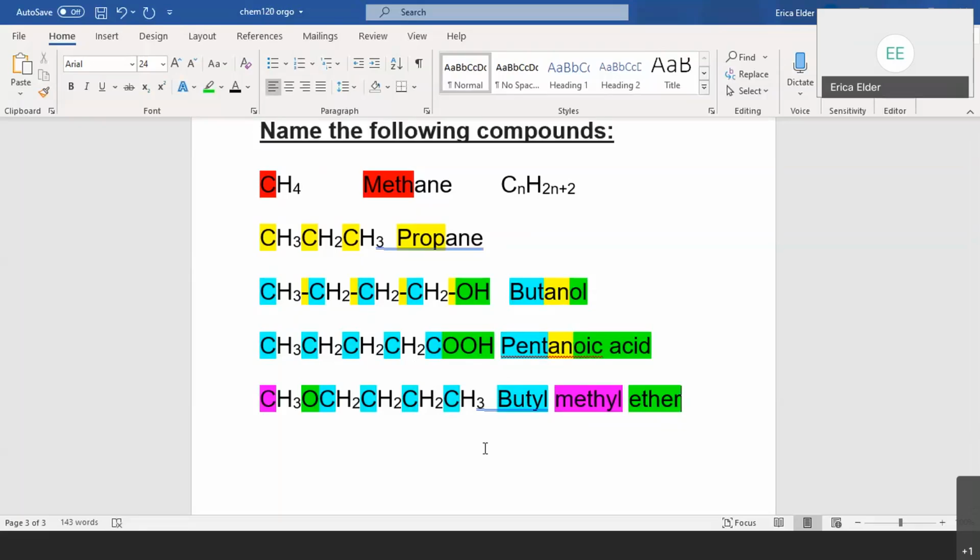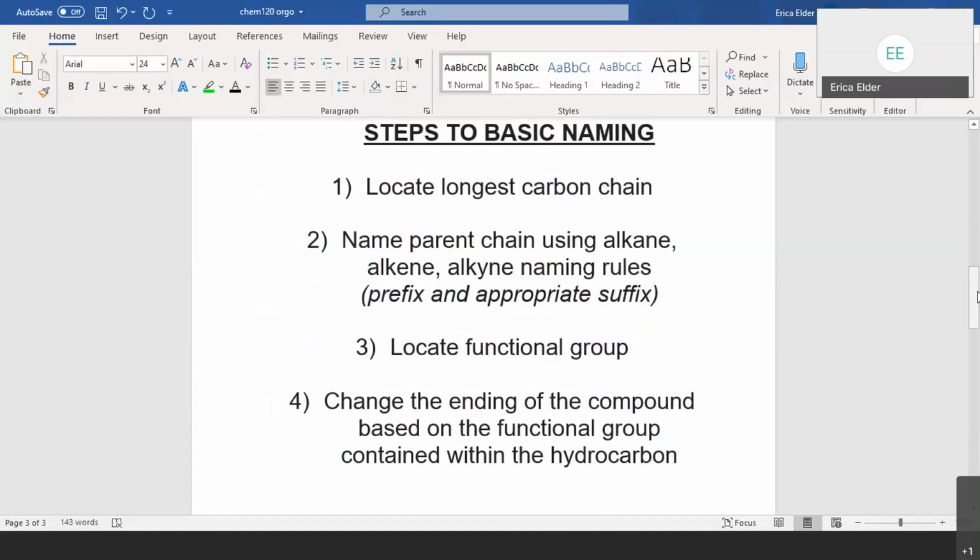Now, a couple of other things I want to make sure that you have done is that you have made sure to understand the longest carbon chain. Name that parent chain using the appropriate alkane, alkene, and alkyne naming rules. So choose your prefix based on your number of carbons and your suffix based on the type of bond contained within your compound.